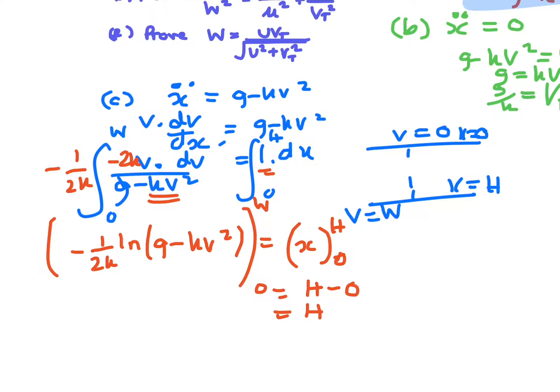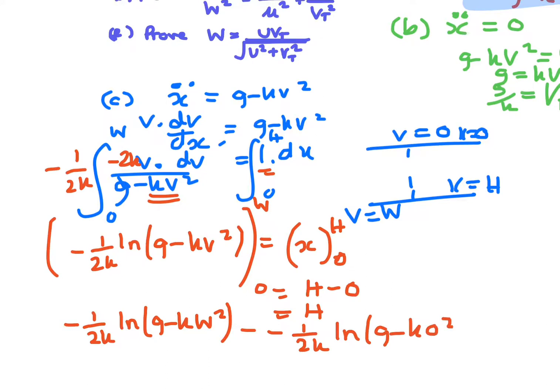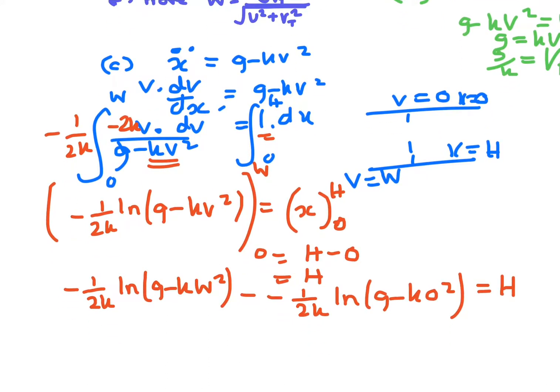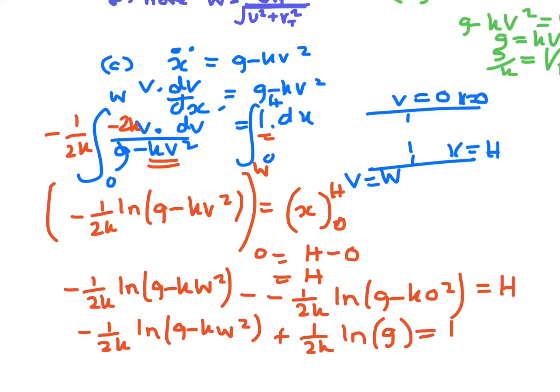Okay, so that means we've got minus 1 on 2k ln g minus k times w squared, minus minus 1 on 2k ln g minus k times 0 squared, equals h. So it is minus 1 on 2k ln g minus kw squared plus 1 on 2k ln g equals h.